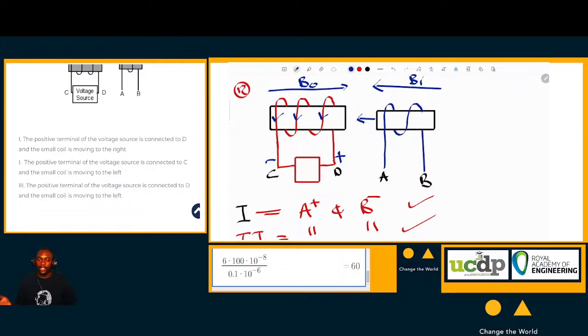So now if your B induced is in that direction, which is the opposite of the two scenarios that we had, then obviously we know that it's going to be reversed.